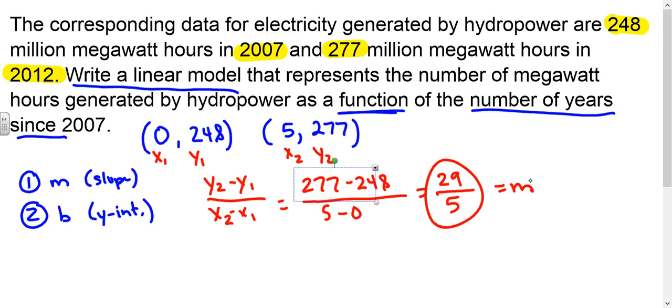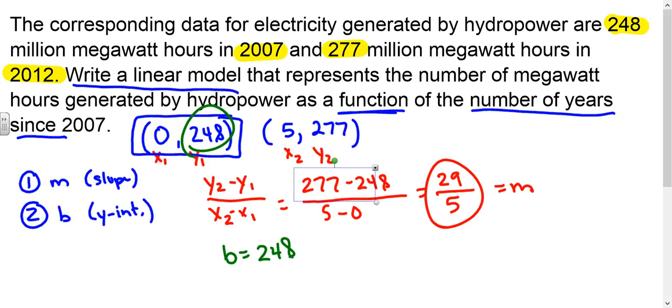That's our slope. Then we need to find the y-intercept. I noticed right here that if I were to graph the point 0, 248, it would still be on the y-axis. So my y-intercept is 248, so b equals 248.